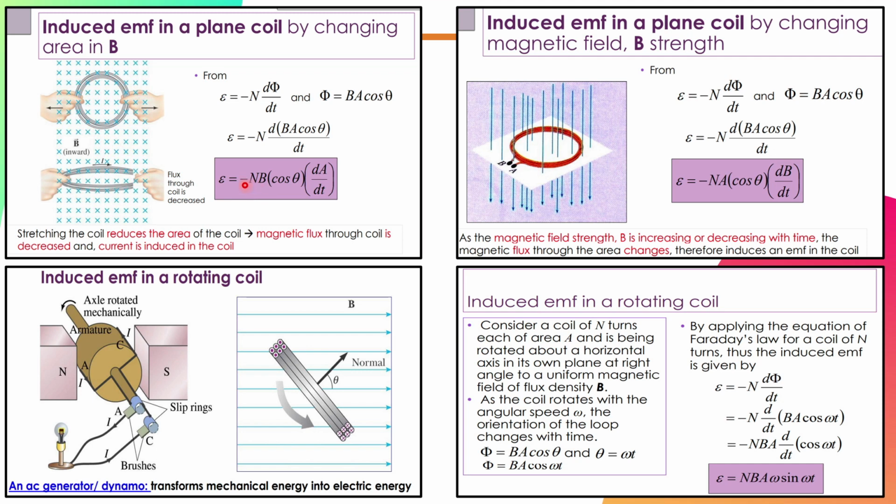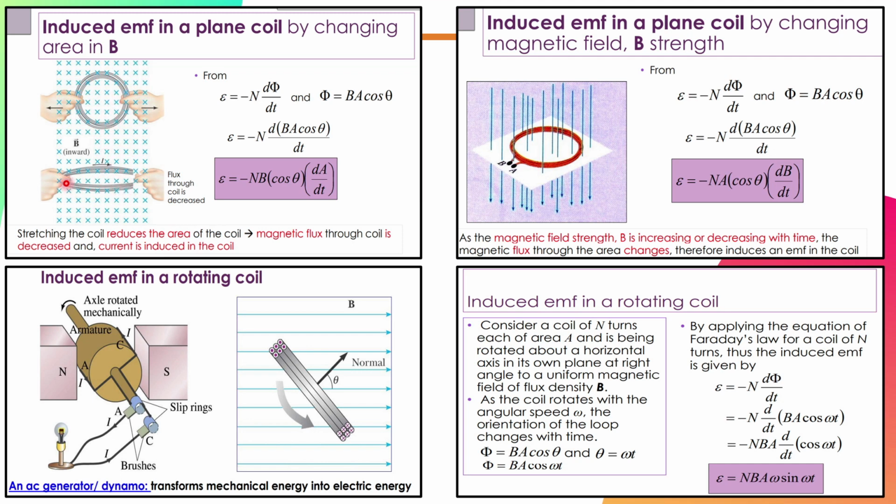Okay, let's say N, the number of turns, B is the magnetic field, and cos theta, the angle between A and B, is constant. Kesemua ini constant, but we have dA over dt. Okay, the rate change of area. Maknanya area dia berubah. So by stretching the coil, we reduce the area of the coil. Look at this diagram.